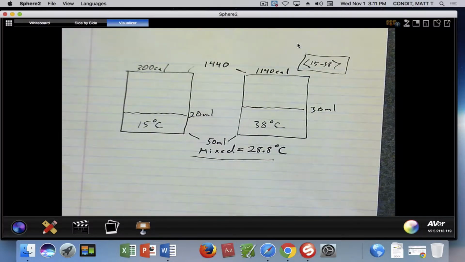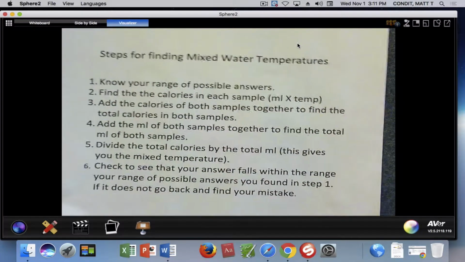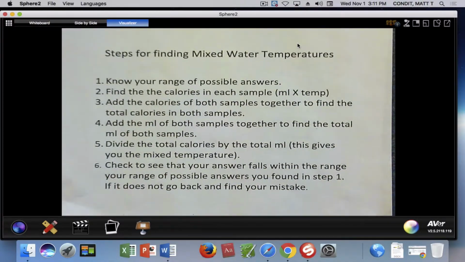So, once again, every time you do this, you can draw these out in pictures like I have, which I really recommend because there's a lot of numbers here to get mixed up, with an awful lot of different tags on those numbers. Follow those steps, and every time you'll get the correct mixed temperature. And you can take a screenshot of that if you need it.